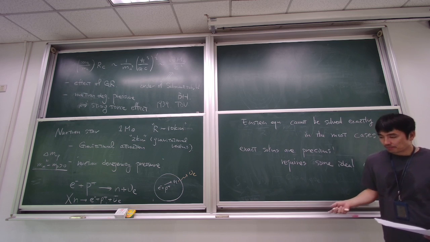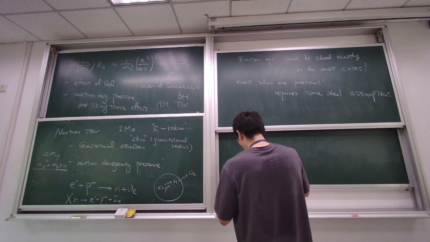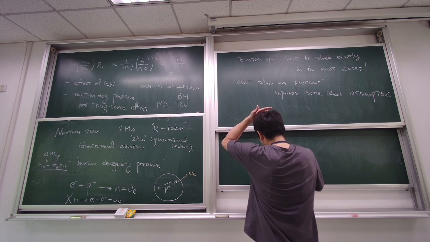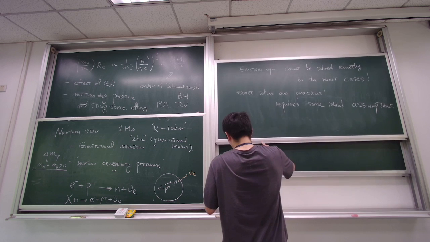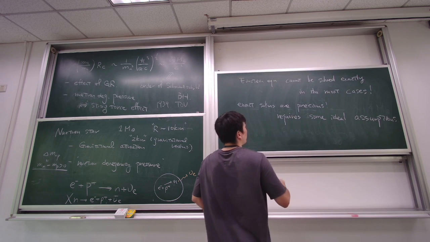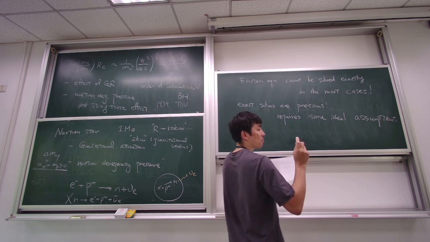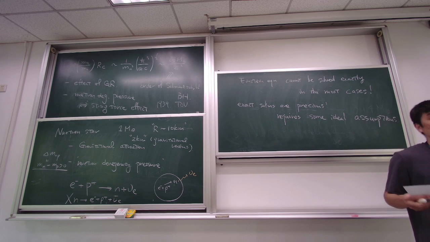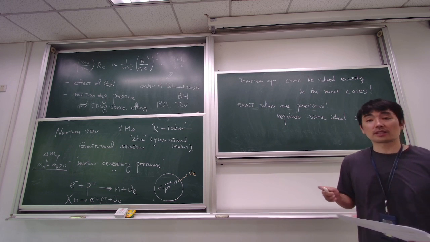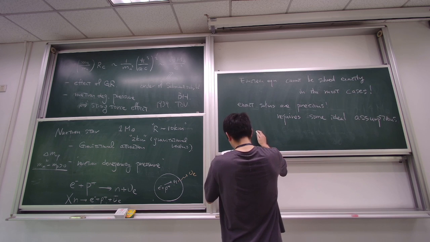But in some cases, if you impose very ideal assumptions, one can solve it exactly. From now on we will learn the exact solutions, because, as I mentioned, they are very precious: there are very rare cases where the Einstein equation can be solved exactly. This was first done by Schwarzschild.